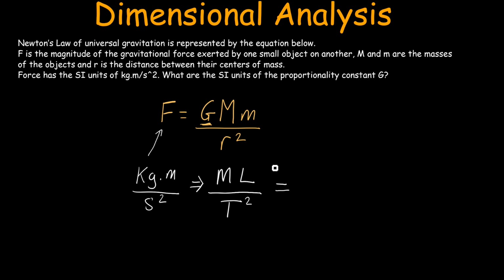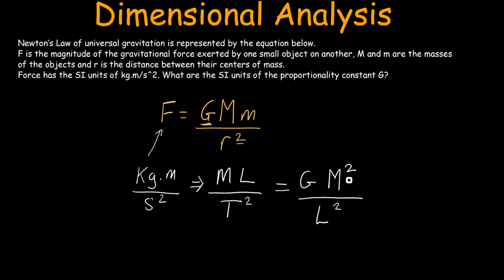So what do we have? We have the constant G, we have a mass, two masses, so in other words, in terms of dimensions, we have a mass squared, all divided by a length squared, because r represents a length, and it's been raised to the power of 2.